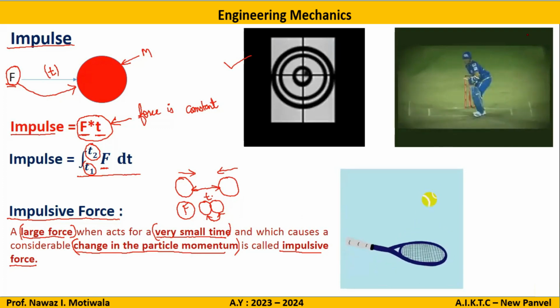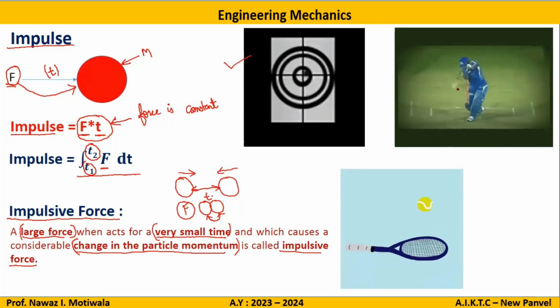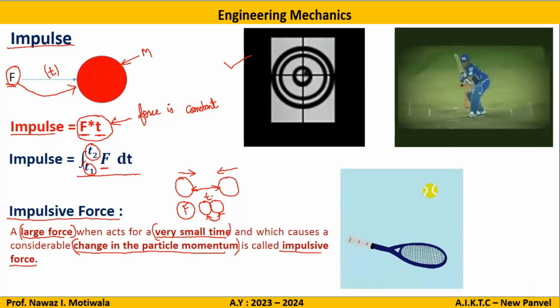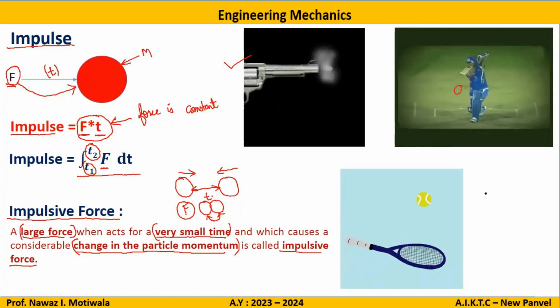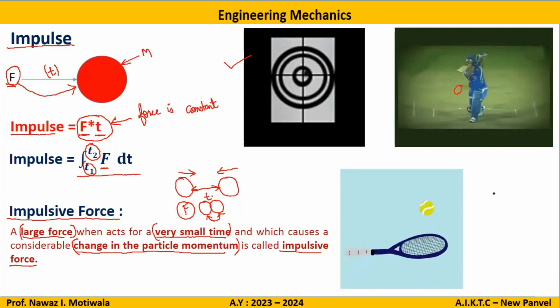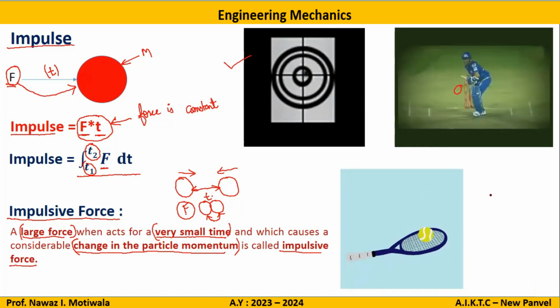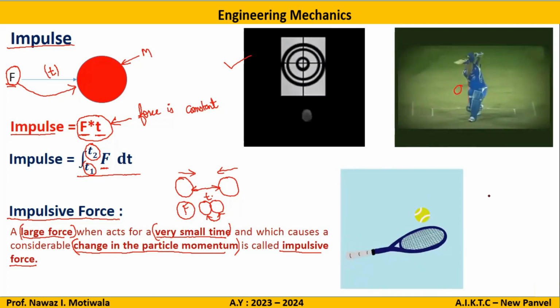In this second figure, there is a player who is hitting a ball. Again here you can see when the ball and the bat are in contact at this particular position, the impact is very high and is also for a small amount of time, and also is changing the momentum of the ball. Hence we can say that it is an impulsive force.